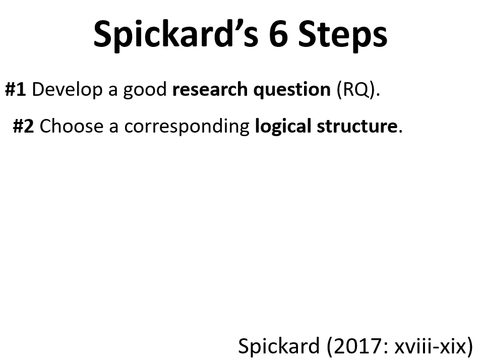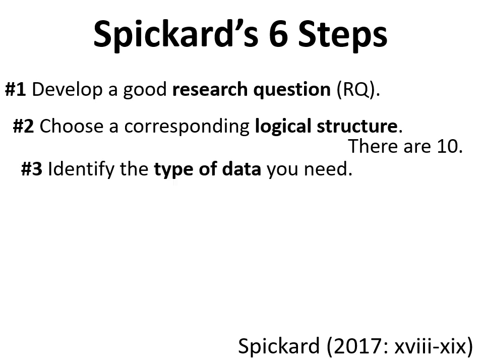Our second step, which is what we're going to focus on this week, is to develop a logical structure. And Spickard identifies 10. The third, which we'll cover in week 3, is to identify the type of data you need that is appropriate for your logical structure, which in turn is appropriate to answer your research question.